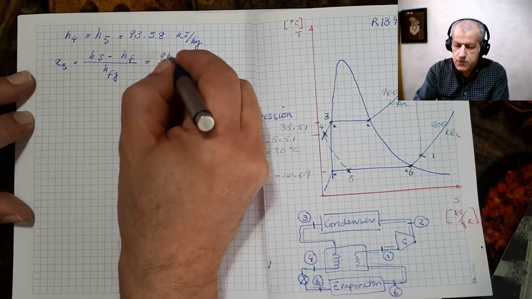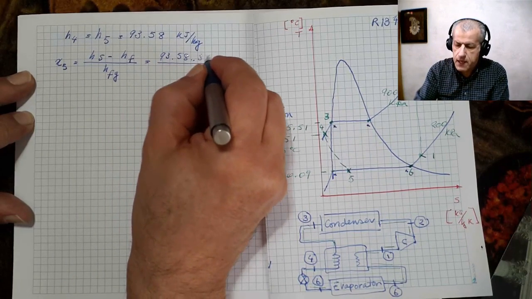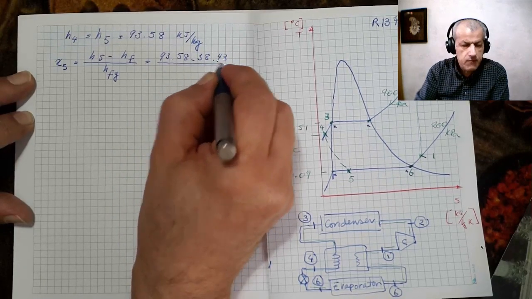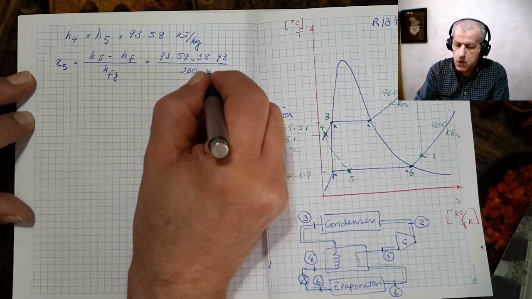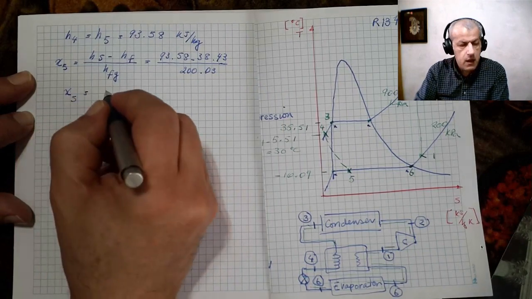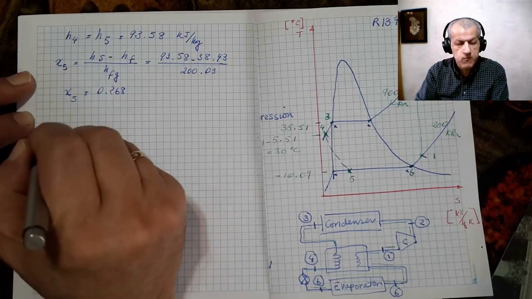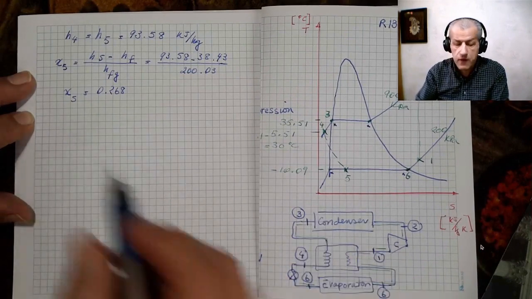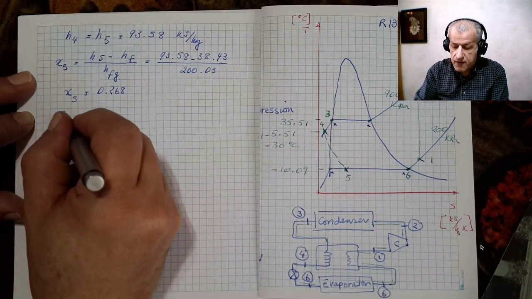It is 93.58 minus 38.43 and divided by 200.03. And the outcome for x5 would be 0.268. Now that we know the quality at point 5, it would be very easy to calculate S5.